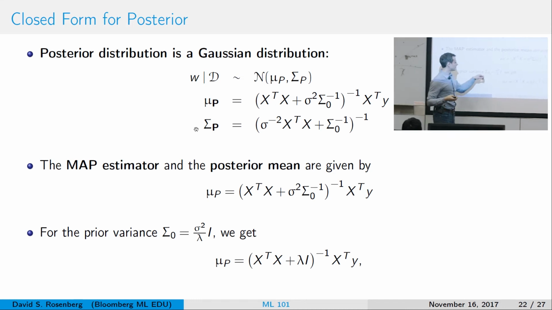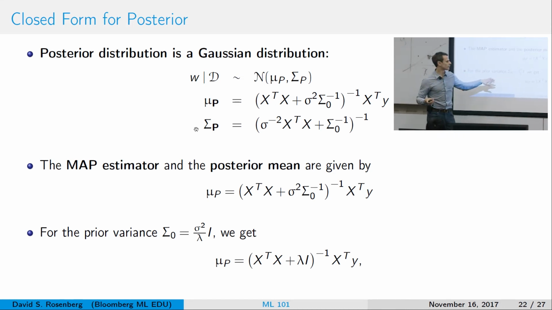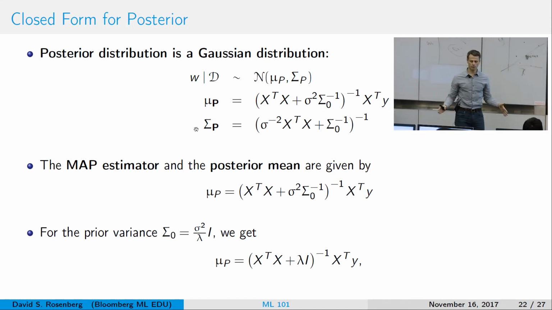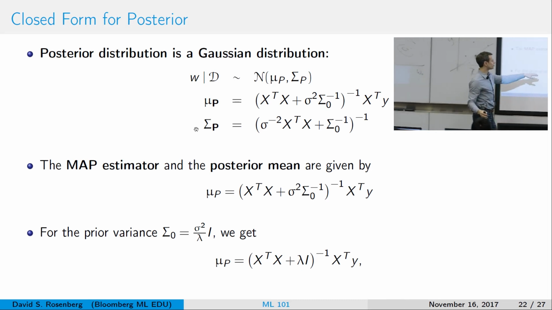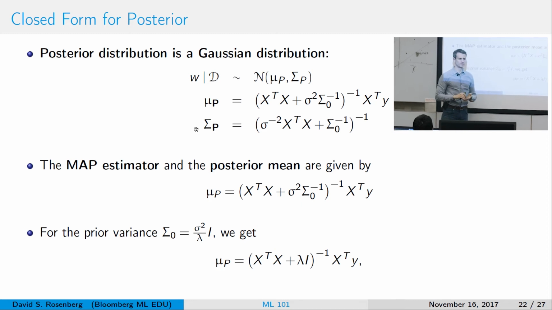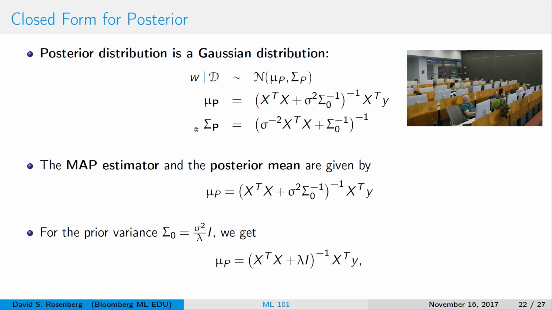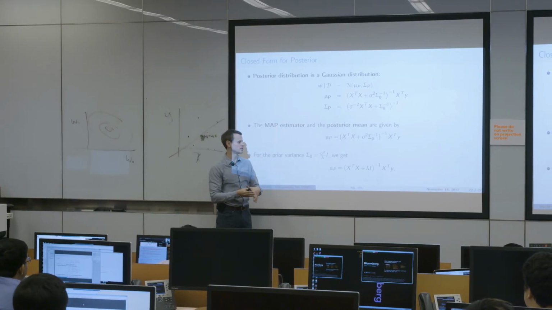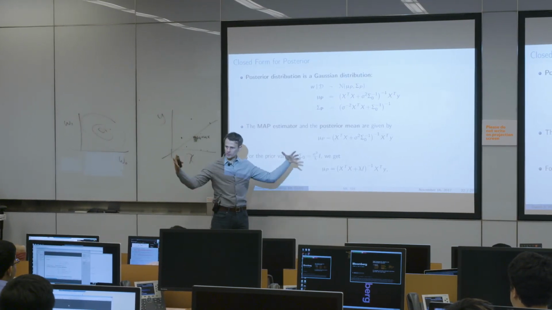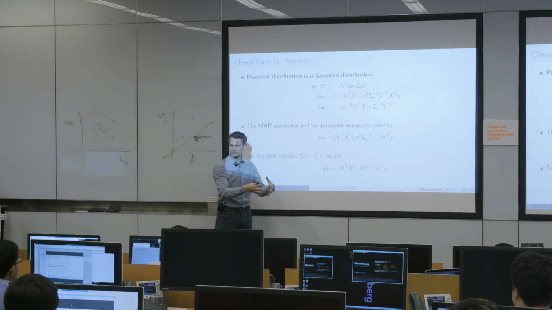So if lambda is large, what does that say about the corresponding prior covariance? Because there's an exact correspondence between the prior we put on W, if it's of this form, sigma squared over lambda, and the solution, the posterior mean. Very certain. Say again? Very certain, variance is small. Great. So if lambda is very large, so heavy regularization, that corresponds to a very small variance, because lambda in the denominator shrinks those diagonal elements of the covariance.